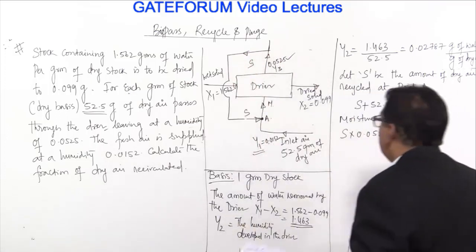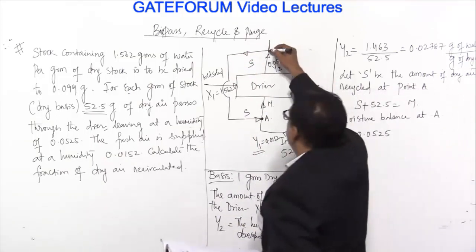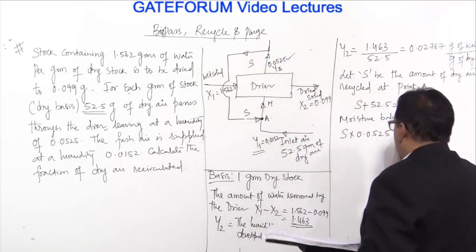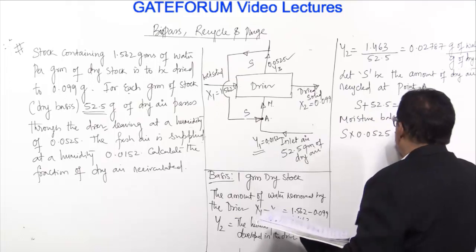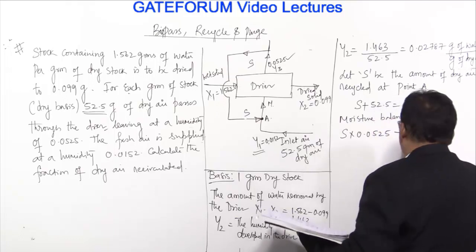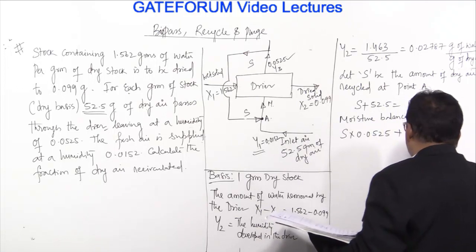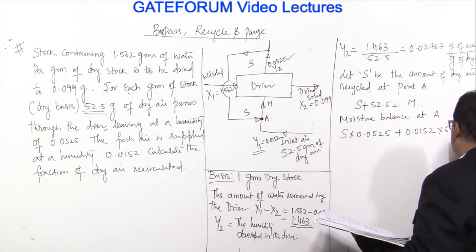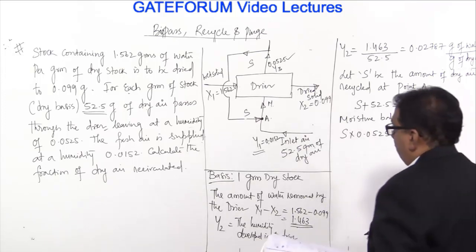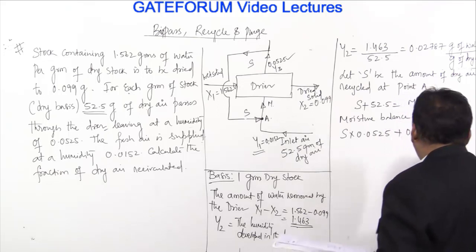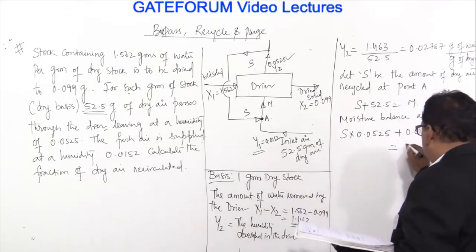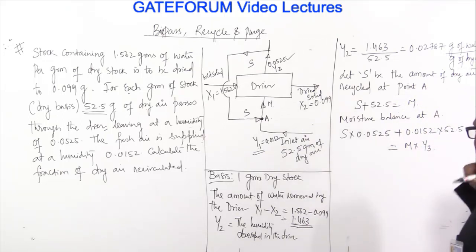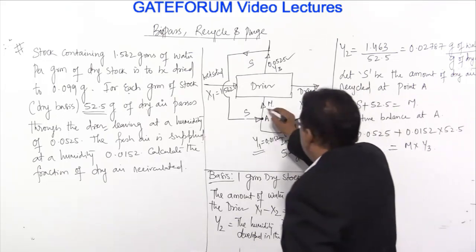Only what is there is recycled, but 0.0525 will remain the same, plus 0.0152 into 52.5, is equal to M into Y3, because we don't know how much has been circulated.